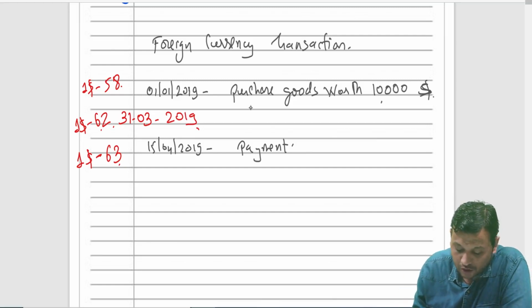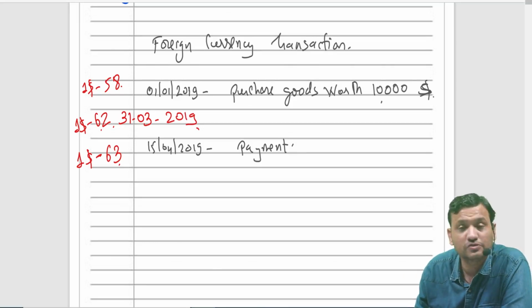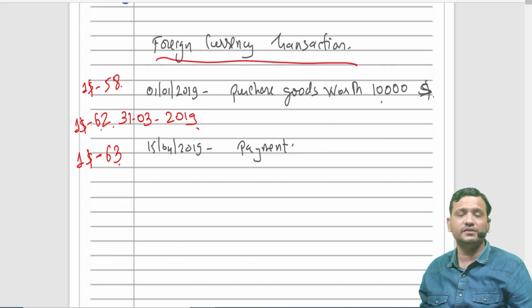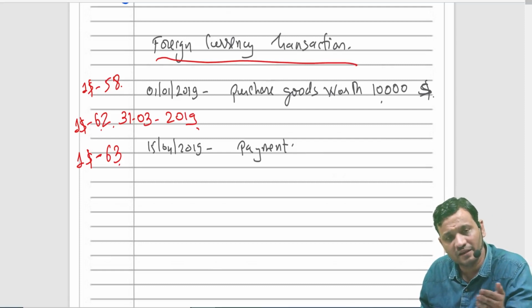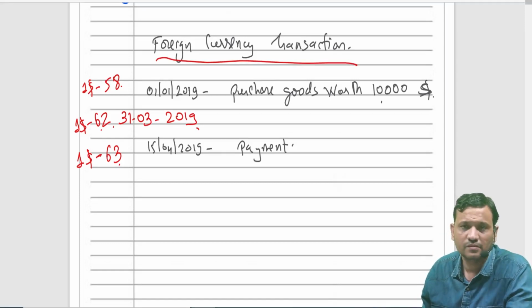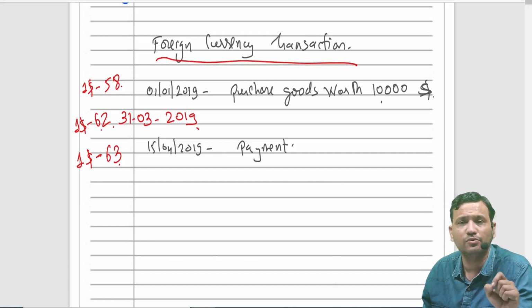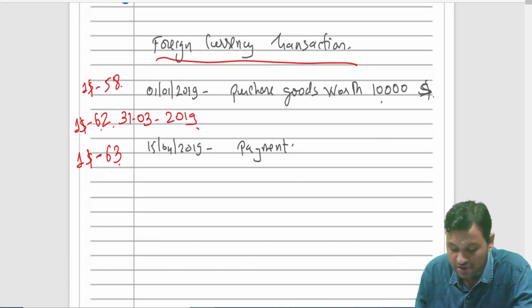So that all depends on whether there is outflow or inflow, that we have to understand. Here of course there is an outflow. So with respect to foreign currency transaction, all transactions are to be recognized at the initial rate, and then whenever payment happens, the difference between the initial rate and the settlement rate is gain or loss. But if payment is happening in the next year, then in between we will have translation gain or loss, that is on 31st March, we should recognize translation gain or loss.